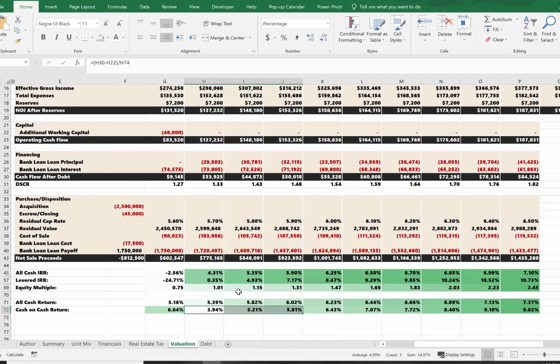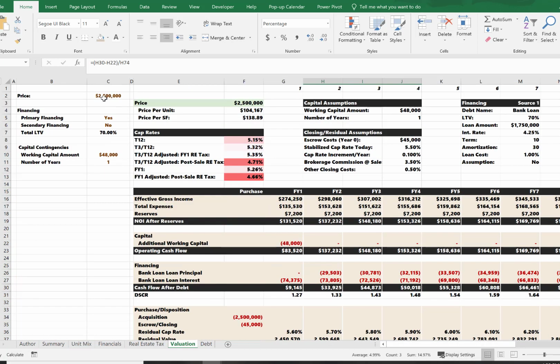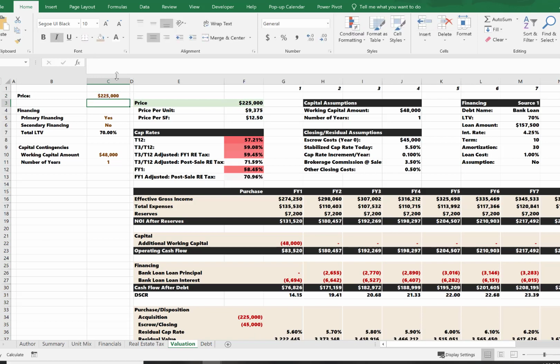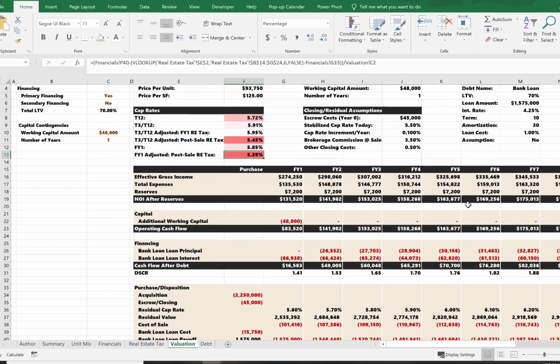So for this deal, I would maybe see what the returns would look like at 2.25 million. So decrease the price by 250 grand. Now the cap rates seem a lot more reasonable, even tax adjusted, it's like mid 5s, which feels a lot better.